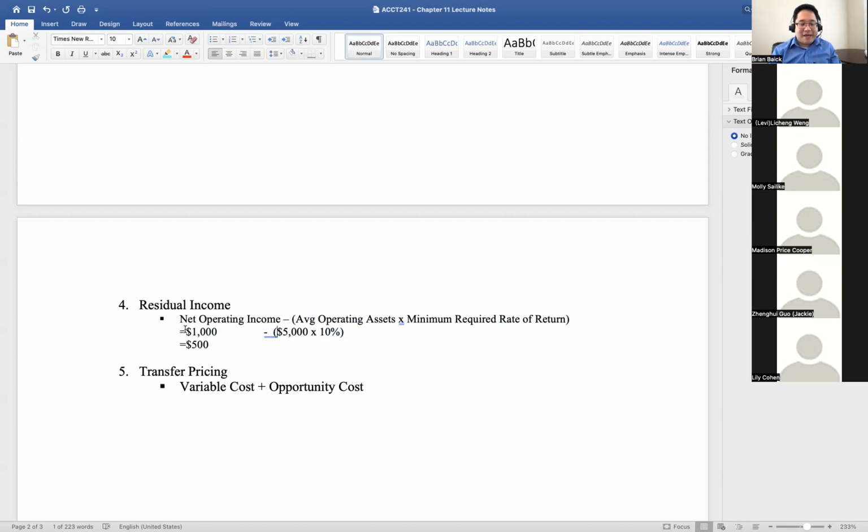That means if you make $1,000 minus, if you do the math here, it's $500. That means you're making $500 more than the minimum that I expected, right? So residual income actually means actual amount made minus the minimum I expect. The minimum you expect is based on your operating assets times the minimum rate of return, the percent that you expect.